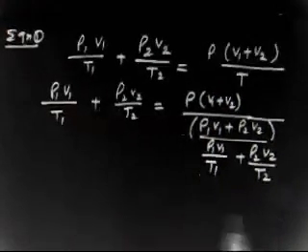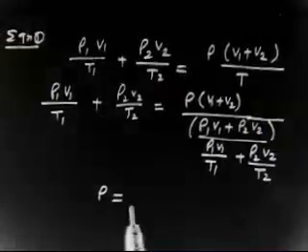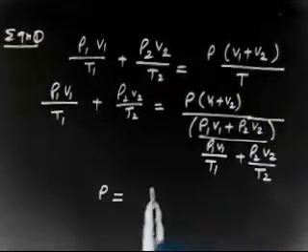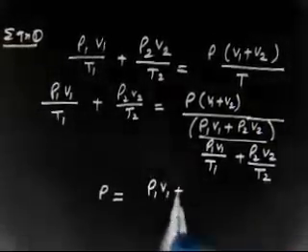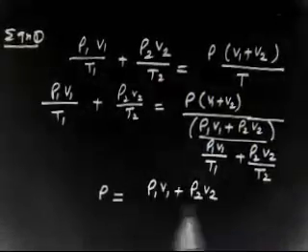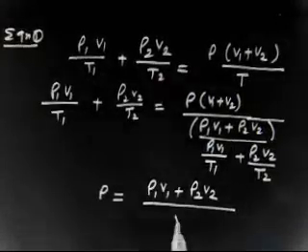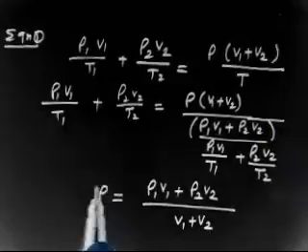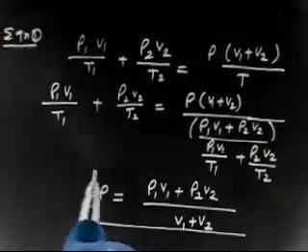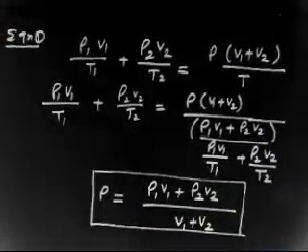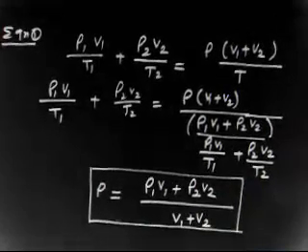So let me give you the answer, you do your own calculation. Pressure will come out to be P1 V1 plus P2 V2 divided by V1 plus V2. So you can do your own calculation, you will get the final answer for pressure. Can you do this one or not?